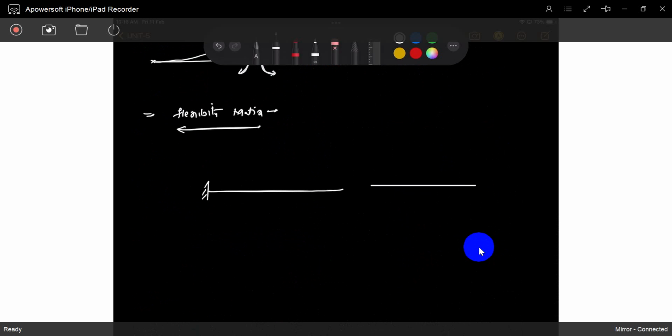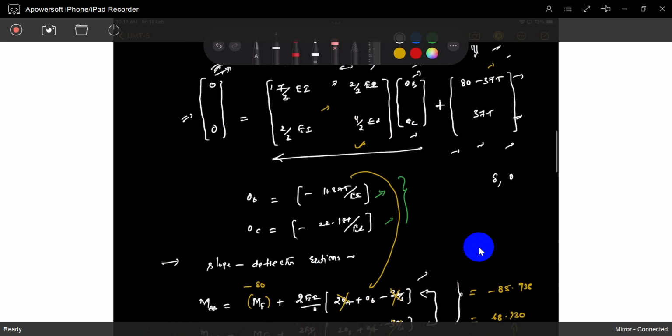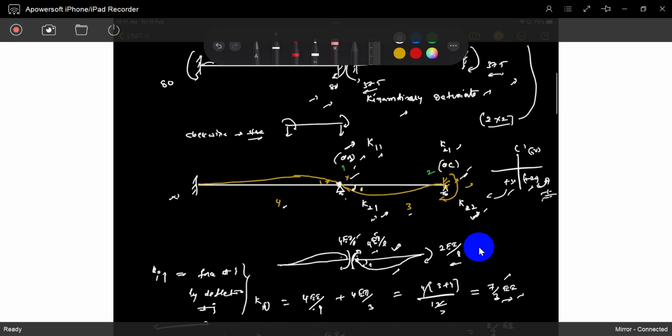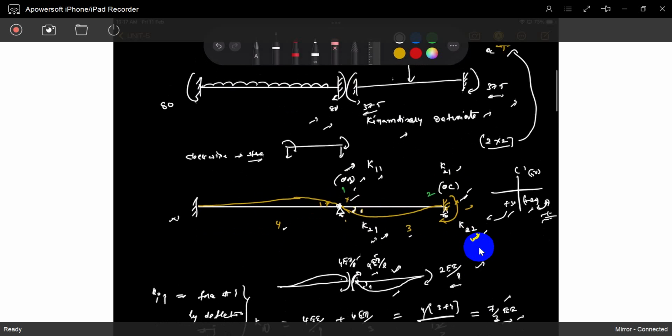once we release those unknowns. Previously, if you see, the flexibility matrix and stiffness matrix we developed by arresting everything. Arrest everything, and we release only those unknown directions.